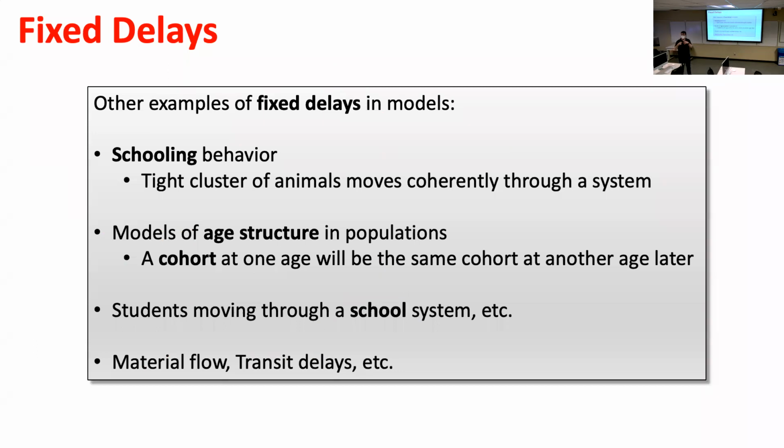At the point where a bunch of individuals get separated out and spread out so that some go faster and some go slower, then we have to use a different type of delay. And that's the next one we'll talk about, smoothing delays. But with fixed delays, everybody's moving together from one point to another. So any questions about those examples, what I mean by those?